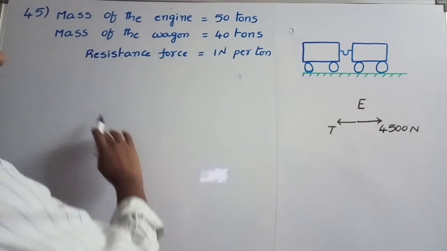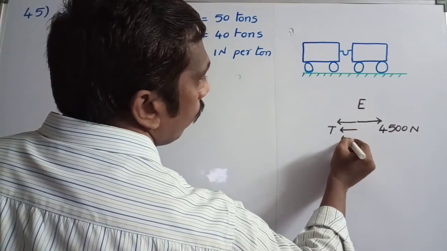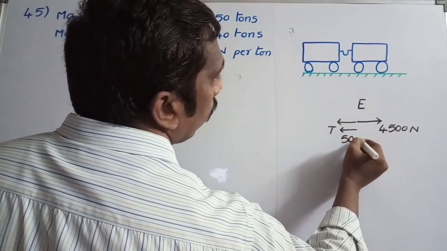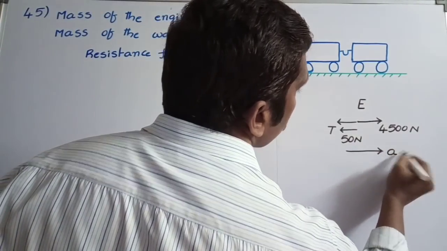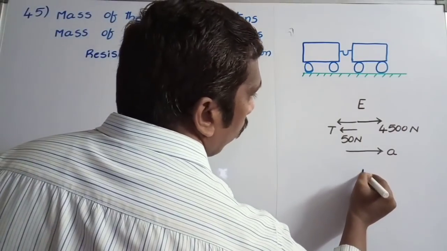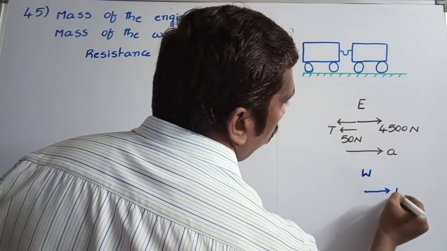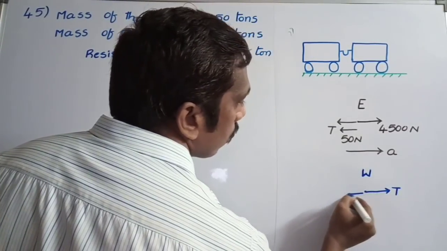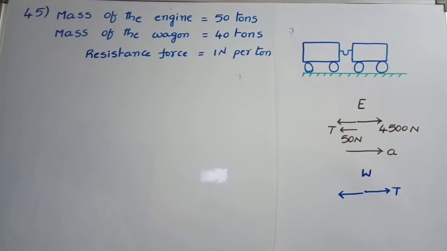That's why resistance force acting on the engine is equal to 50 Newton acting in this direction. Due to the resultant force, this engine moves towards right with an acceleration A. Next, come to the wagon. On the wagon, tension is acting towards right, and resistance force is acting towards left. Resistance force means nothing but friction.